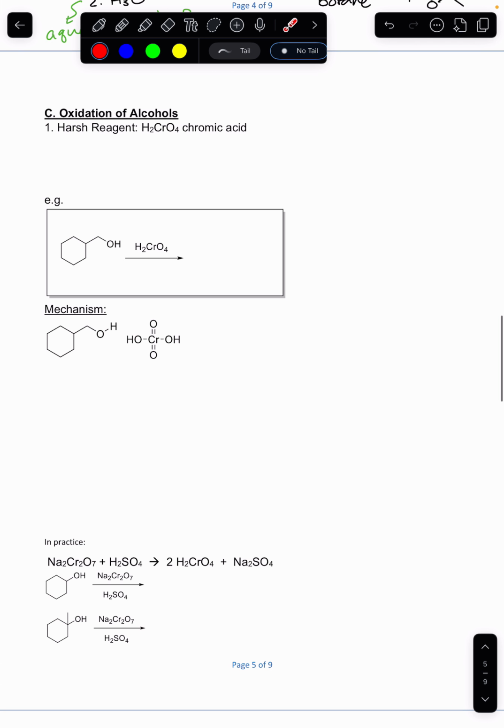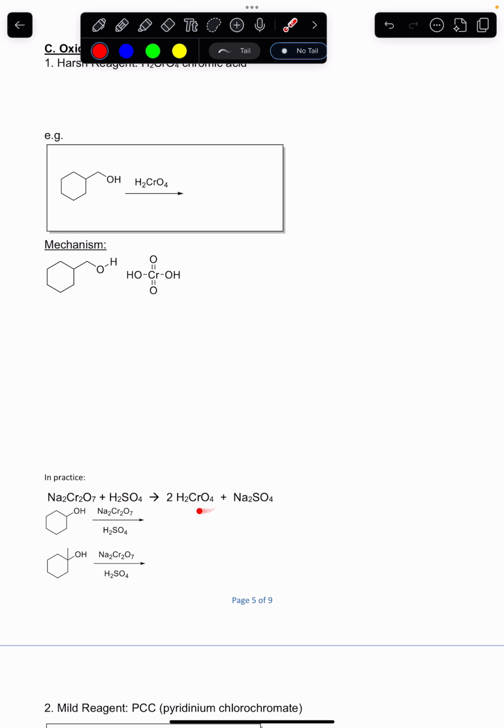Okay. For the harsh reagent, basically the only example we're going to think about is chromic acid, with the caveat that you can actually make chromic acid in situ, meaning in the reaction vessel you're doing the organic reaction in, from sodium dichromate and sulfuric acid, and that's usually how it's made, because this is so reactive that you can't really buy it, and so you have to make it yourself in the lab, like so.